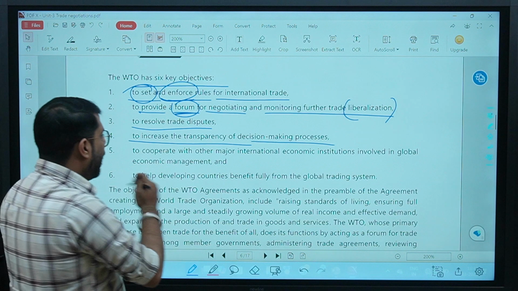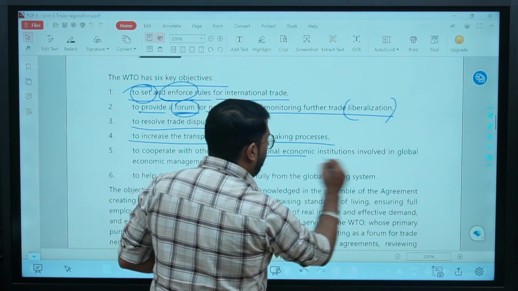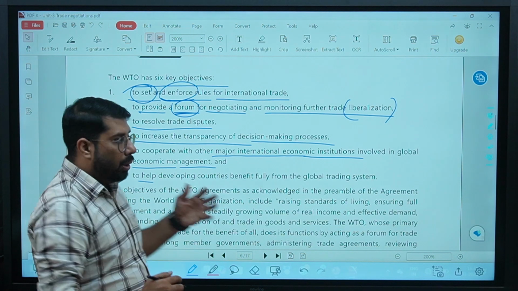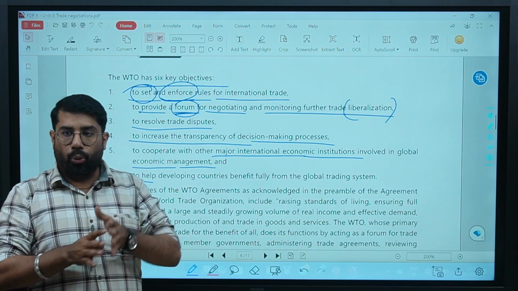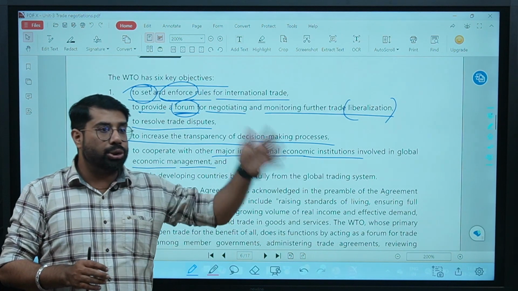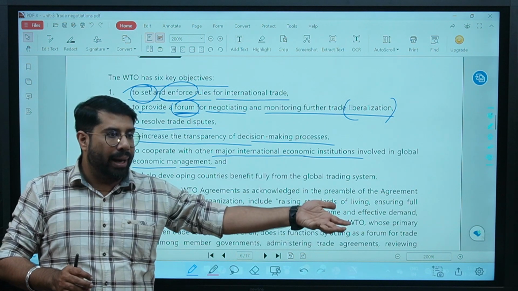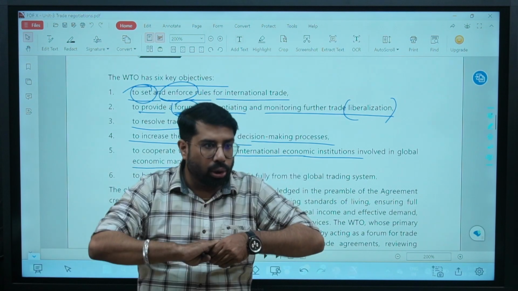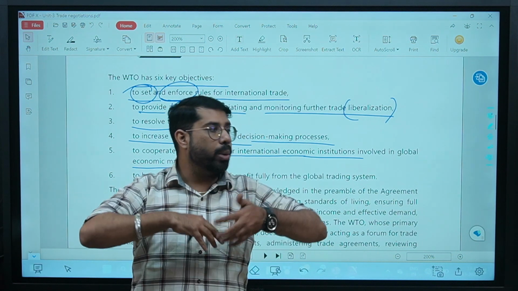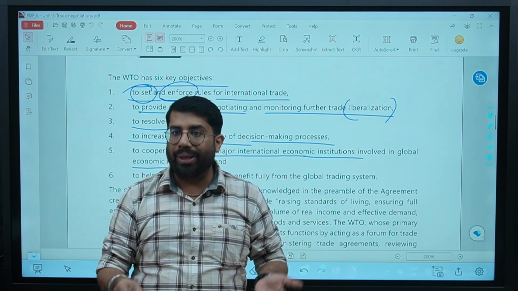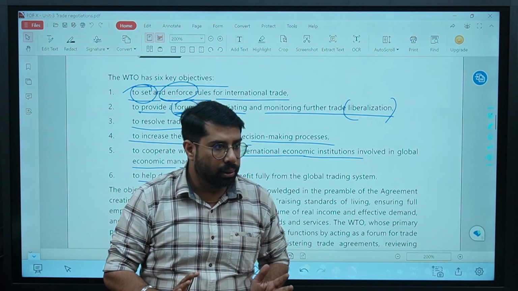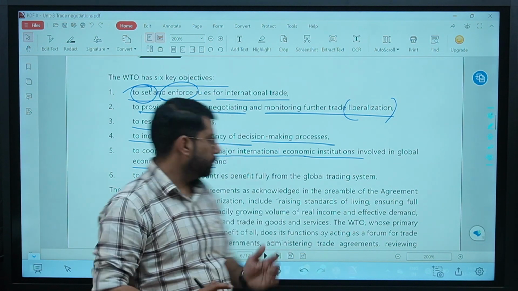Then to cooperate with other major international economic institutions involved in global economic management, that is, apart from WTO, whatever other organizations are working to promote international trade. So WTO should shake hands with those organizations and try to explore more options to increase the world trade. Are you clear? Yes or no?